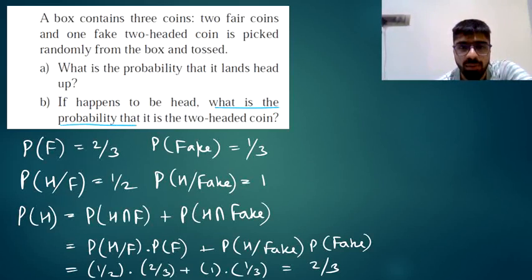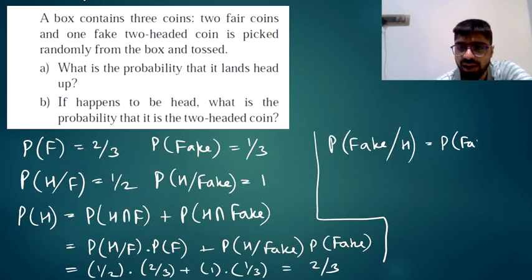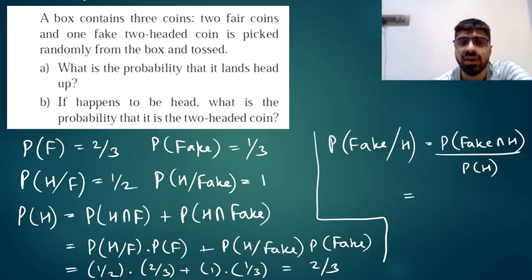What is the probability that it is the two-headed coin? So they are already telling us that it is a head. You have to find the probability of it being the fake coin. So find the probability of it being a fake coin given that a head turns up. So this will be P of fake intersection H divided by P of H. P of H we don't have to calculate it separately, we have calculated it over here.